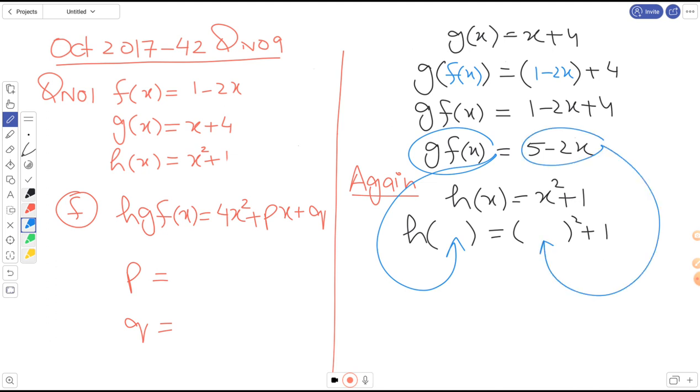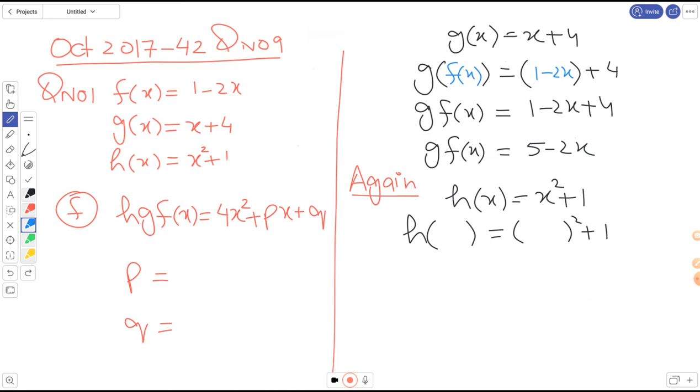So let's try to solve it. How can we do this one? Replacement. So g of f of x here, and 5 minus 2x comes here. Now I have to simplify, that's it, and I'm going to finish my question. Here I have to use the square identity.